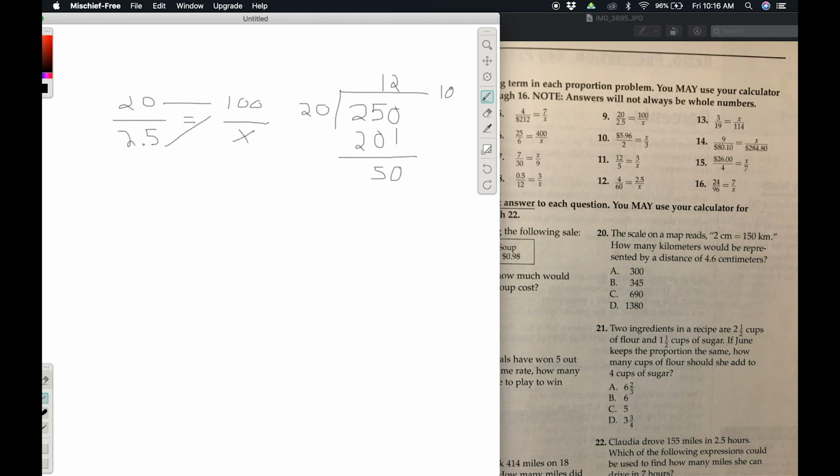Again, the remainder is 10, the divisor is 20, so this always equals half, which in decimal form is 0.5, which is what we'll be using. 12.5 is your wonderful answer.